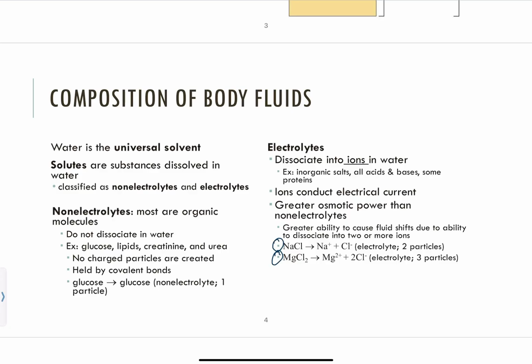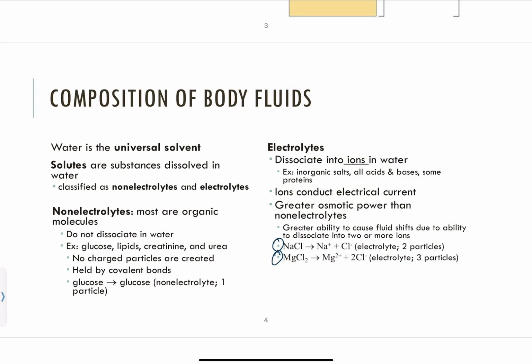So thinking about glucose, sodium chloride, and magnesium chloride and placing them into water, glucose would have the lowest osmotic power, meaning it's not going to cause the movement of water at all. We started with one particle, we ended with one particle.